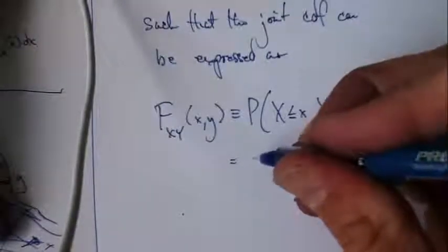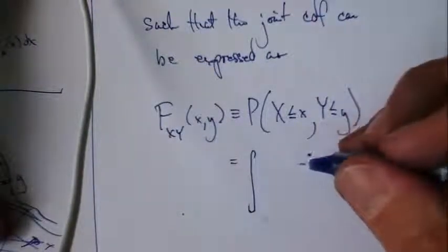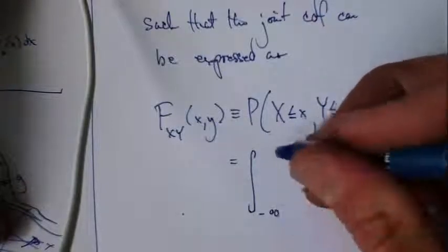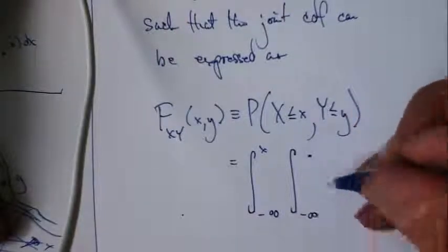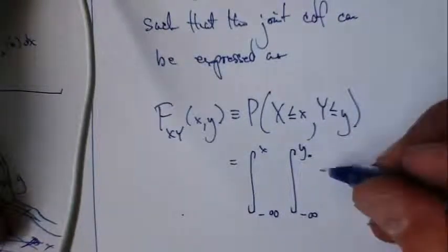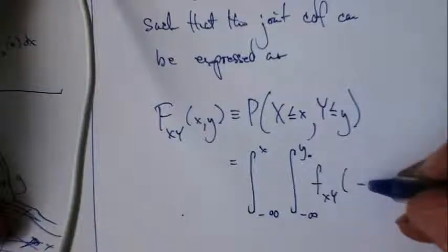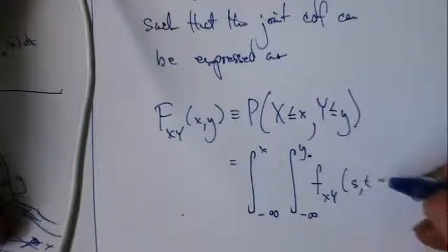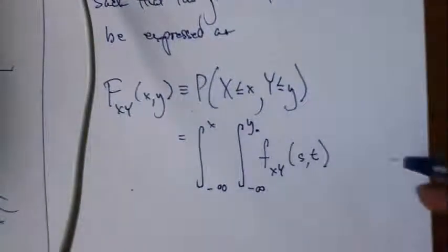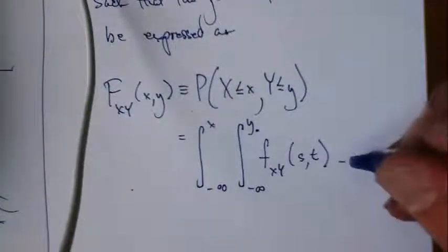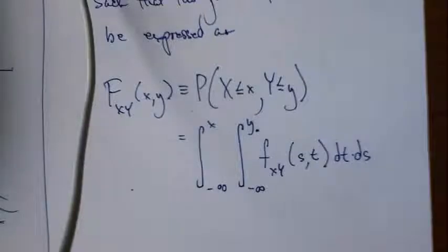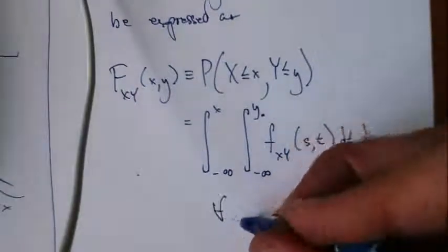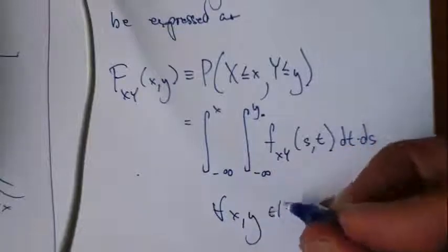This will be the integral from negative infinity up to x, and then the integral from negative infinity up to y, of this joint density function. Maybe I'll use variables s and t here, with dt and then ds. And this is for all x and y in the reals.